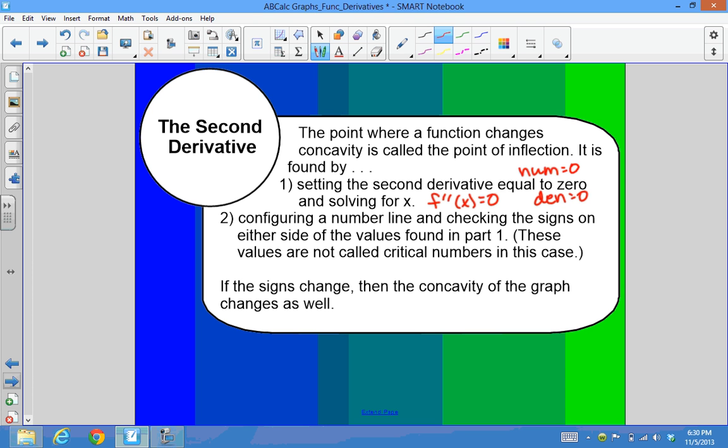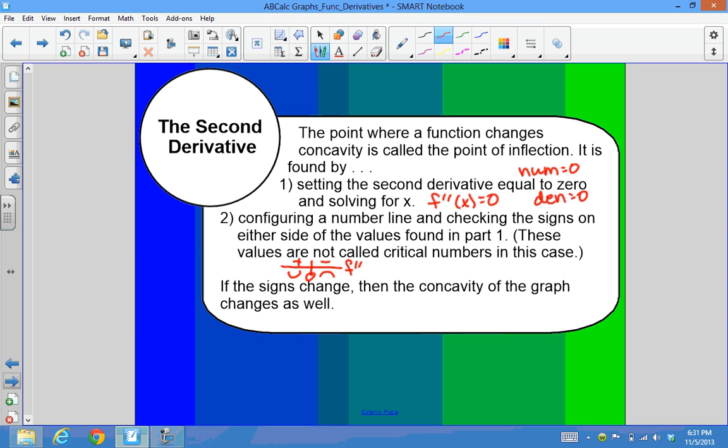It's still found by configuring a number line and checking the signs on either side of the values, as in part 1. So again, we're going to set up a number line, but for the second derivative, and plug in our values. Let's say that I get a positive right here and a negative right here. Then to the left of this value, let's put in a 0, the graph is going to be concave up, and to the right it's going to be concave down.